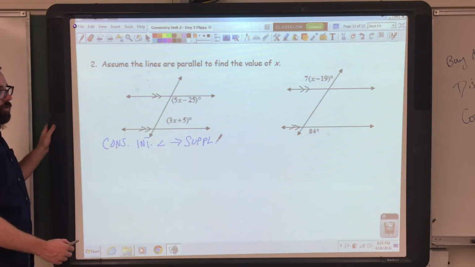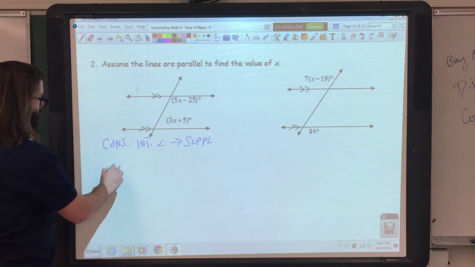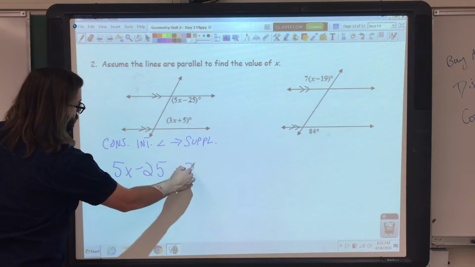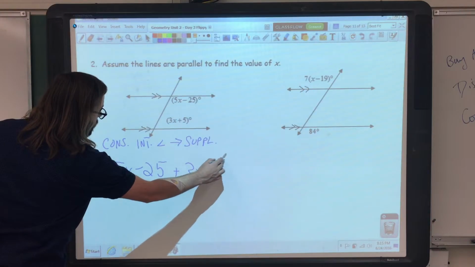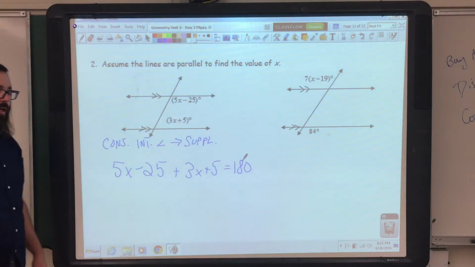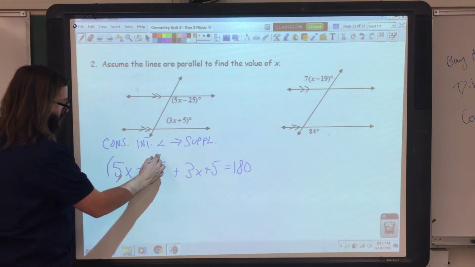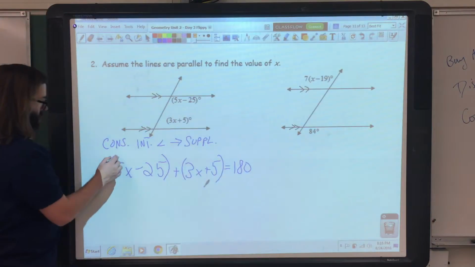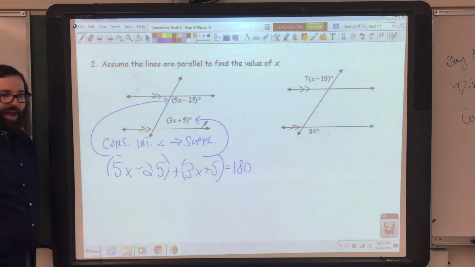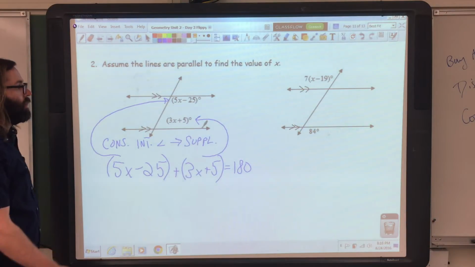So what we're going to do is add them up and set them equal to 180. So you get 5x minus 25 plus 3x plus 5 equals 180. Okay, we just added the angles, set them equal to 180 because they're supplementary.